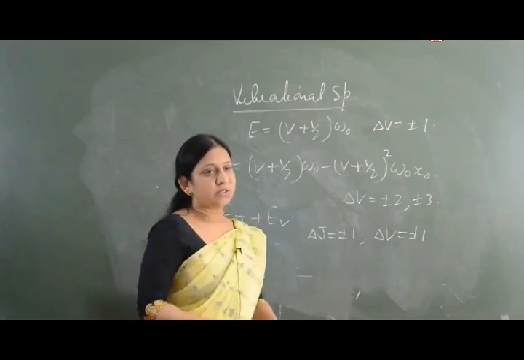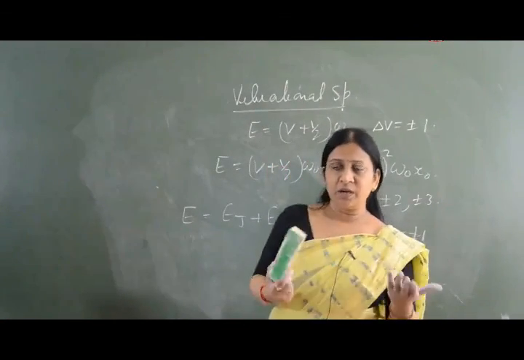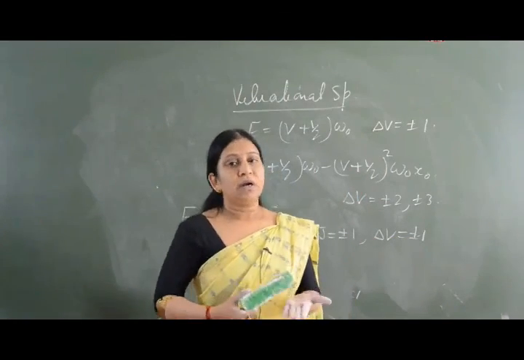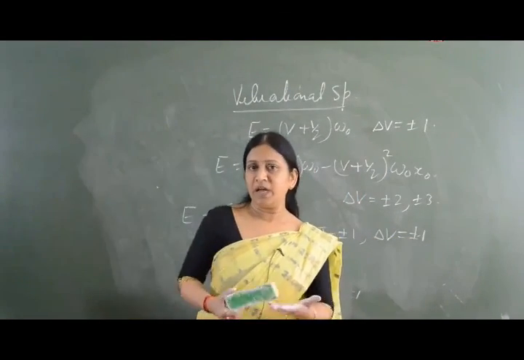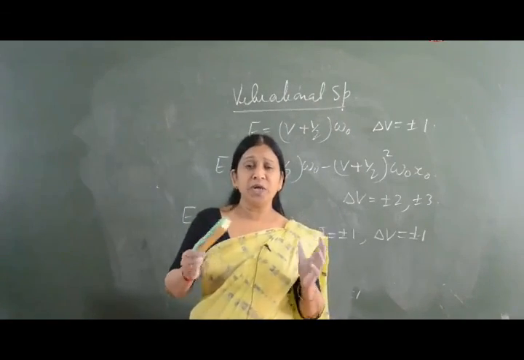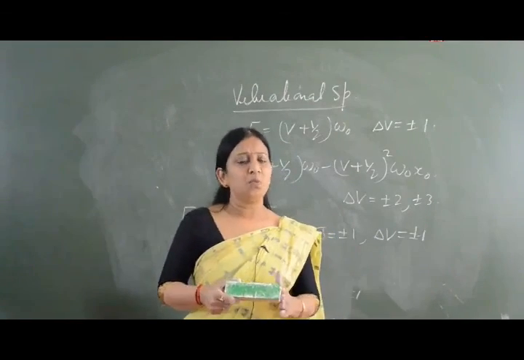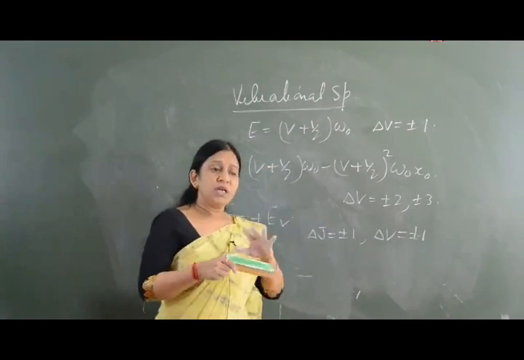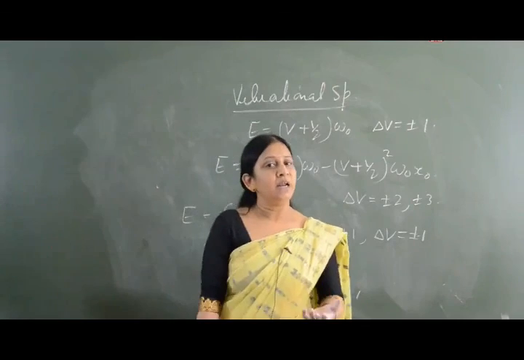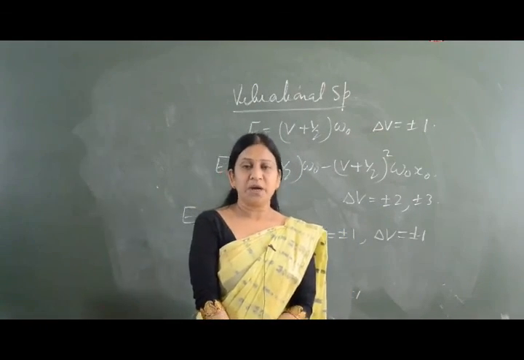And last we discussed the applications of IR spectra, where we can calculate the force constant, and we can identify the impurities present in the molecule. Then it helps us to elucidate the whole structure of the molecule, and last and most important, it helps us to distinguish between inter and intramolecular hydrogen bonding. So this is all in IR spectra. Thank you.